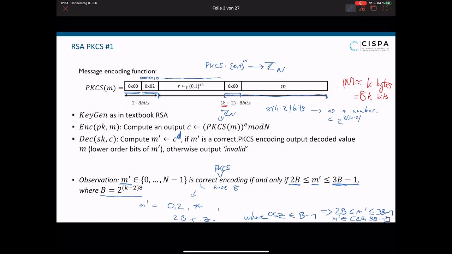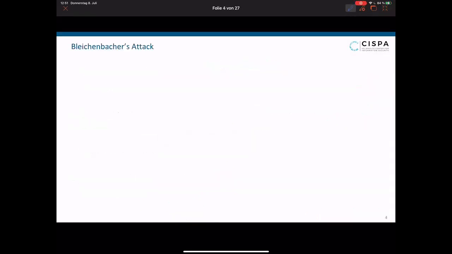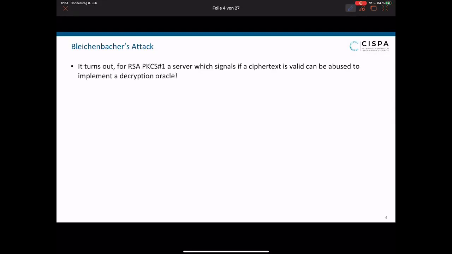And this was exploited by someone called Bleichenbacher some 20 odd years ago. Let's see how this attack against PKCS works. I remind you, we're talking about chosen ciphertext attacks right now, so this will be a chosen ciphertext attack.